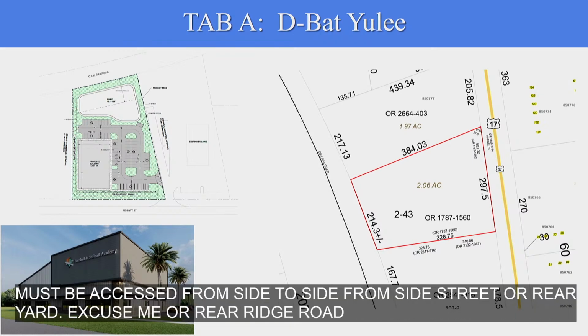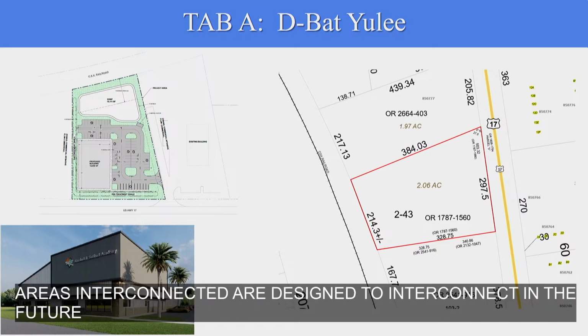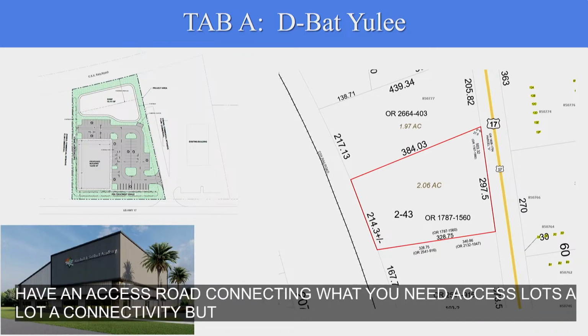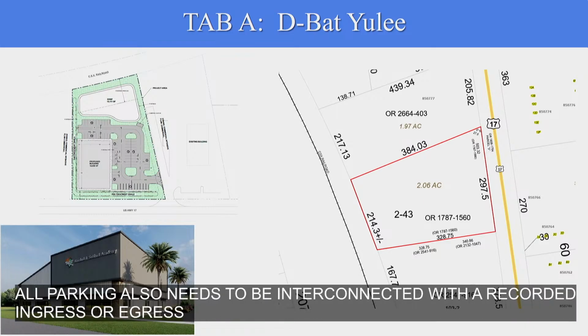Parking areas must be interconnected or designed to interconnect in the future. If you don't have an access road connecting, you need lot-to-lot connectivity, and parking also needs to be interconnected with a recorded ingress or egress. Bicycle parking is required.